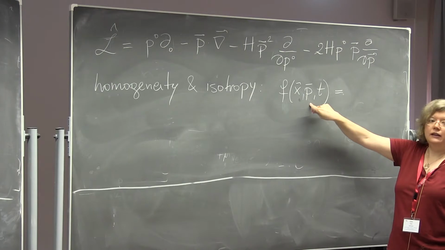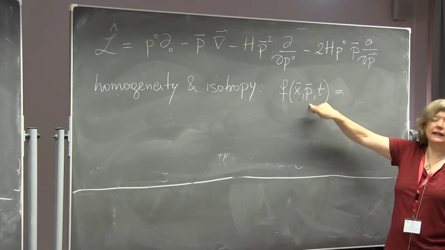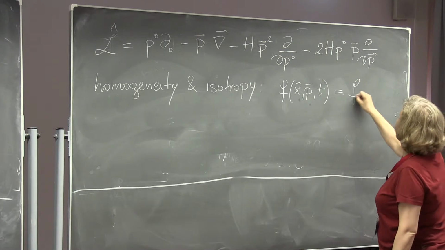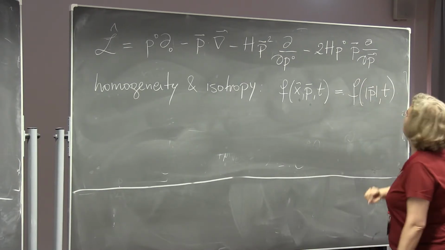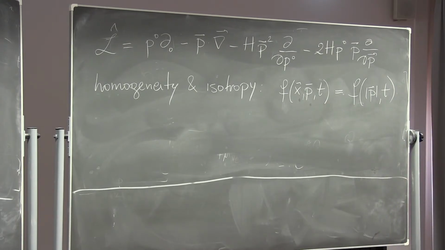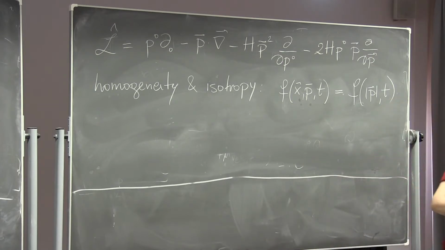It can only depend on the modulus of the momentum and on time. Otherwise the vector p would also be something which is not isotropic, and the independence of x comes from the homogeneity. At any point x, you should be equal. So there is no difference in the distribution function if I am here or somewhere else.